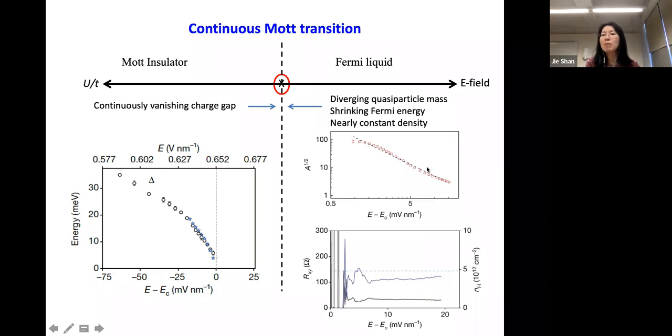You can see that the mass sort of diverges when I approach this transition. At the same time, if I measure the Hall density, the density doesn't change. Of course, it becomes kind of noisy when we get very close to the transition, because of the contacts, the low density, and the high resistance, so you cannot measure those very well. But from the range we can measure well, density doesn't change.